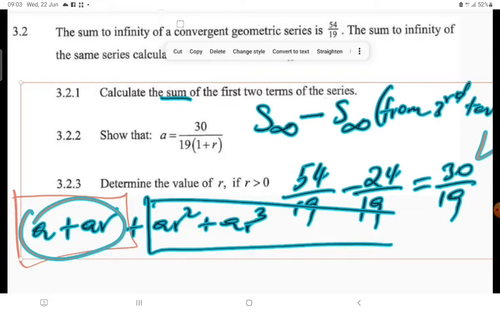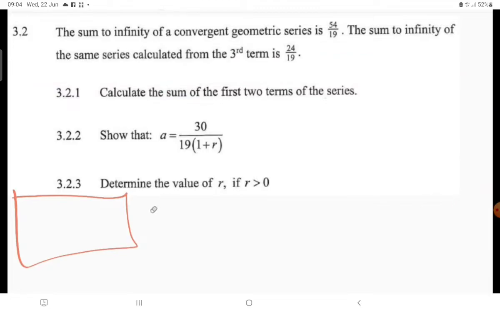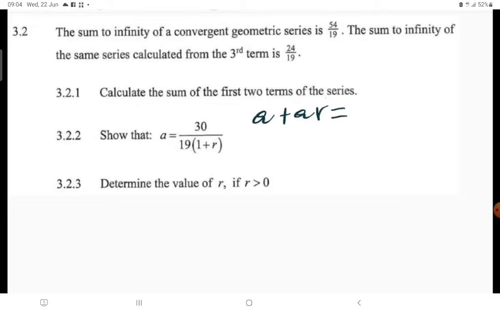Now moving to the next question. The next question says show that a is equal to 30 over that. Okay, so now we need to remember the fact that we have term 1 plus term 2, which is equal to 30 over 19.